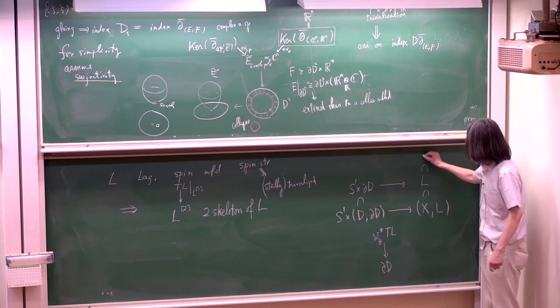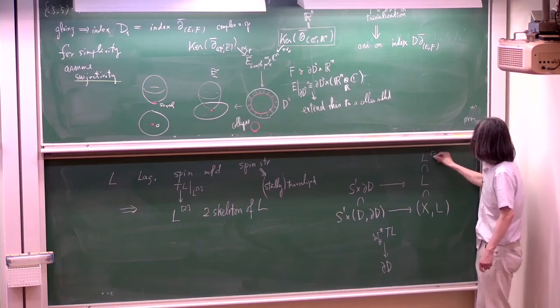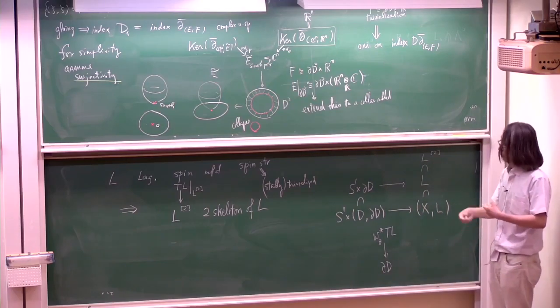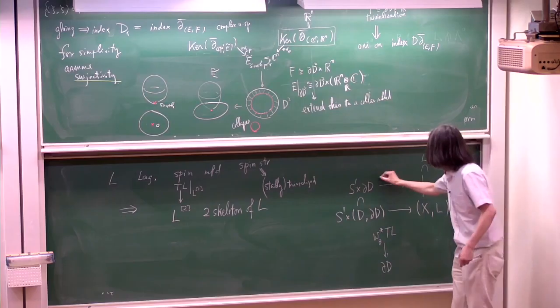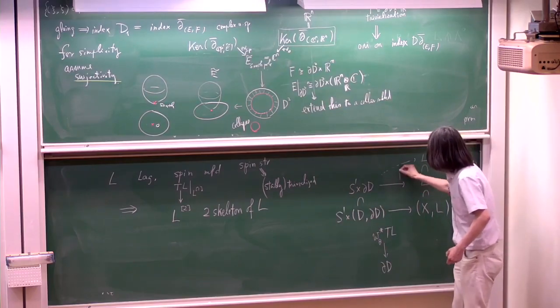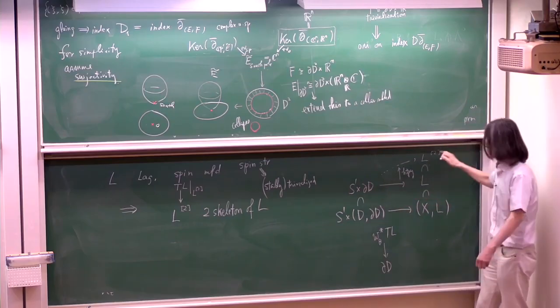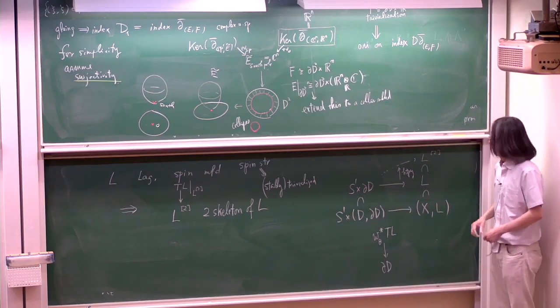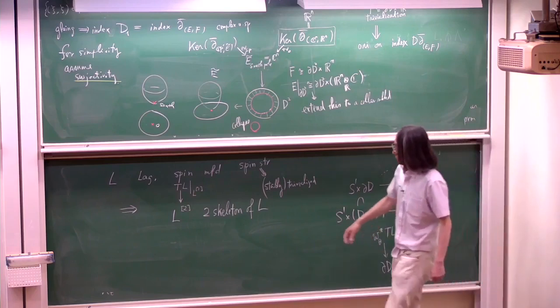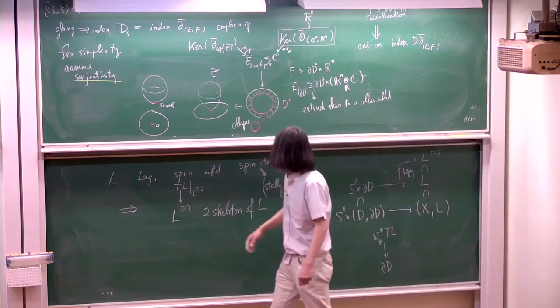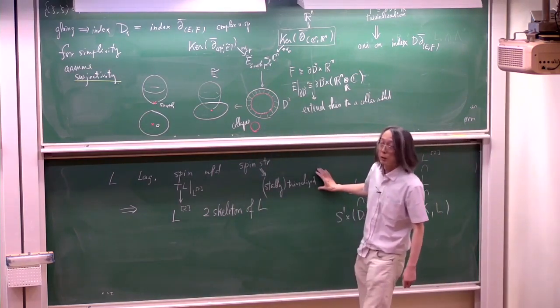But if you just consider the 2-skeleton here, then the cellular approximation theorem tells you that this one is actually deformed to this after homotopy, because it's 2 dimensions. And here, the tangent bundle has a trivialization.